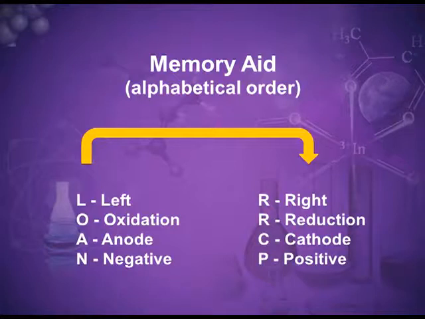O is oxidation, R is reduction, A is anode, C is cathode, N is negative, P is positive. We know that R, C or P always comes after O, A and N. The electrode potential of the galvanic or the Daniell cell is 1.1 volts.